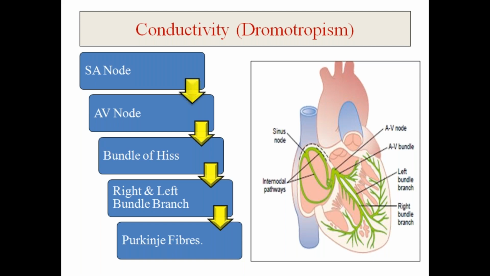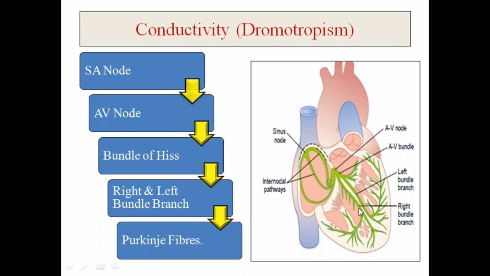Okay. So this is the way the impulse is conducted. From the SA node, the impulse is conducted to the AV node through the internodal fibers. Got it? Anterior, middle, and posterior internodal fiber. And this AV node is connected to the bundle of His. This bundle of His penetrates into the ventricle. It moves 5 to 15 millimeters into the interventricular septum.